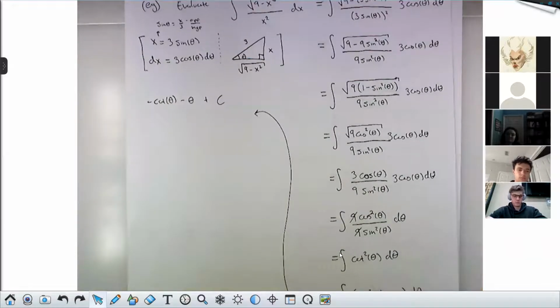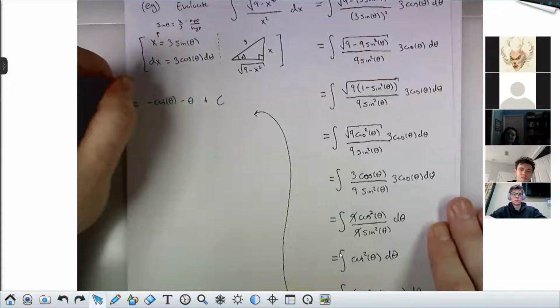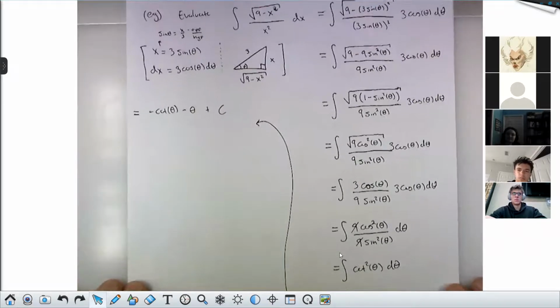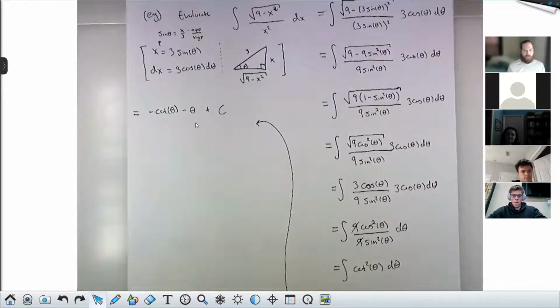And there's 2 pieces there. Both of those pieces, since this is an indefinite integral, need to be rewritten as x stuff. Right now I've got theta stuff, which is all well and good, but the original problem was asking about x's, so I should give the answer in terms of x's, not thetas.